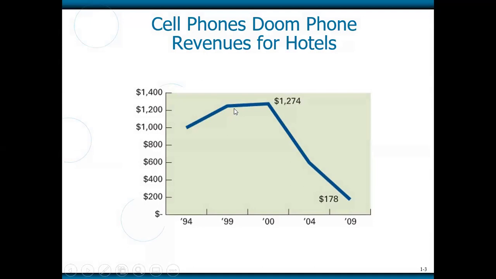Now, as you know, the cell phone is taking over. Lots of people right now don't know how to use a regular phone. In the old days, hotels had a plan in the year 2000 to generate revenue from room telephones, around $1,200.